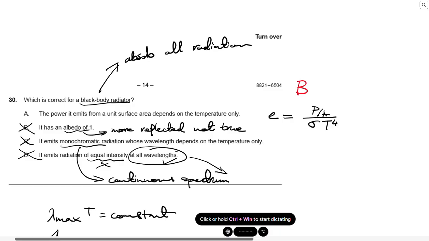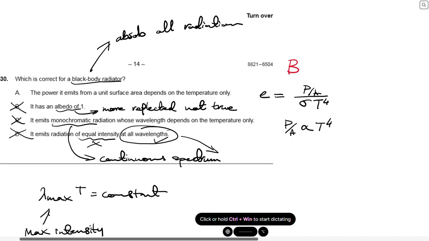And so our power per unit area is only really dependent on our temperature, because these are both constants. Emissivity is material specific. And so our answer is A.